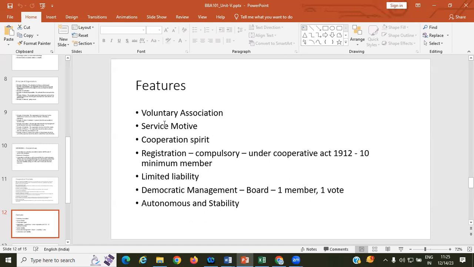Cooperation spirit. This is what exactly I was talking about, the cooperation motive. So you should have a mindset to cooperate, to help each other.